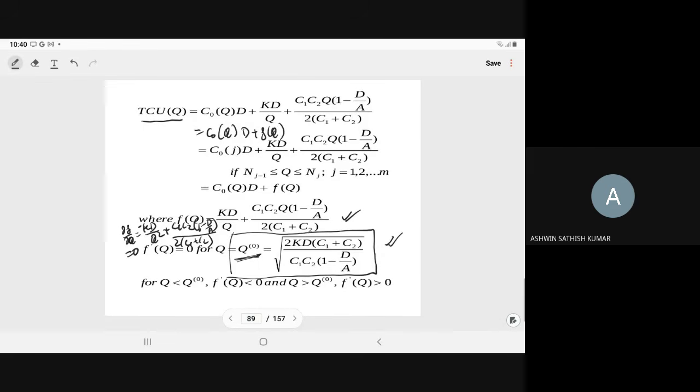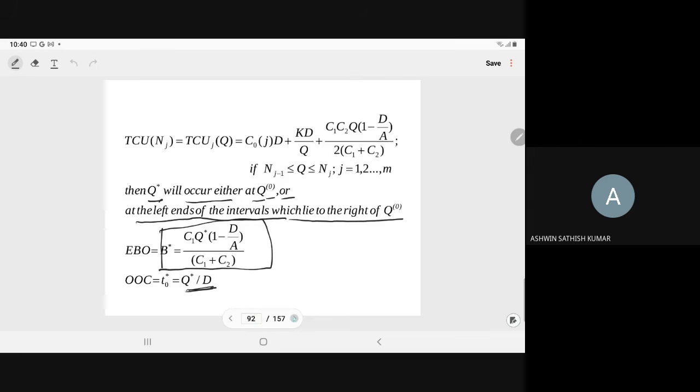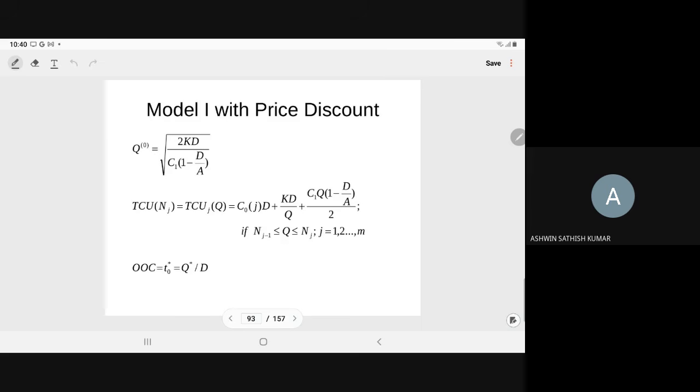The expression is exactly the same. So if you derive for the model 1 with price discount, Q naught will be root of 2KD upon C1 into 1 minus D upon A, meaning no back order allowed.